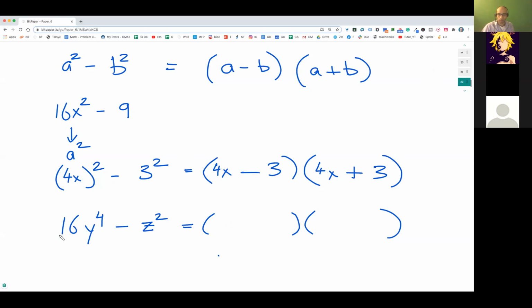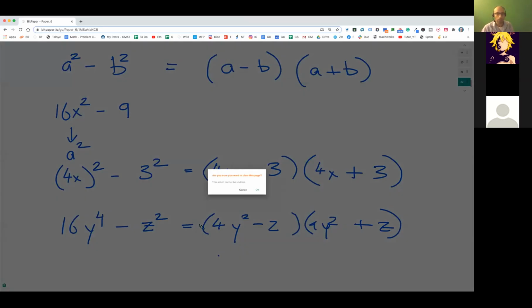So you're going to take this, perfect, well done, very nice. Remember, be careful of the signs. One of them is negative and one of them is positive, but most of you got it. So it's going to be (4y squared minus z)(4y squared plus z). So that's how it looks.